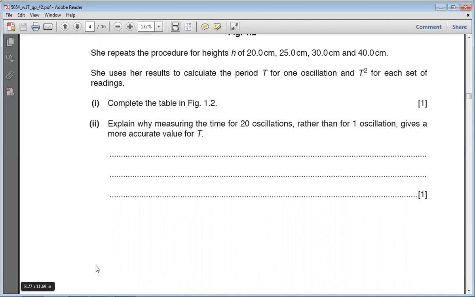That is why we take the time for 20 oscillations instead of directly timing one oscillation. It's a 1 mark question, but the answer is a bit technical.